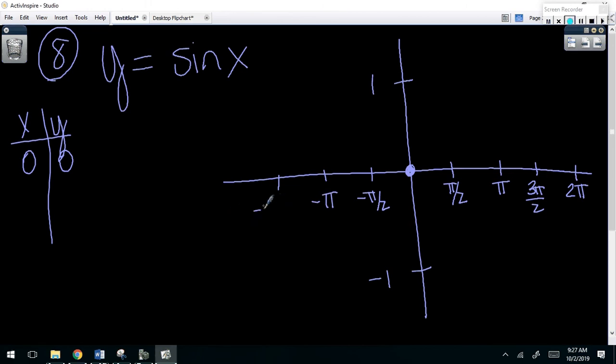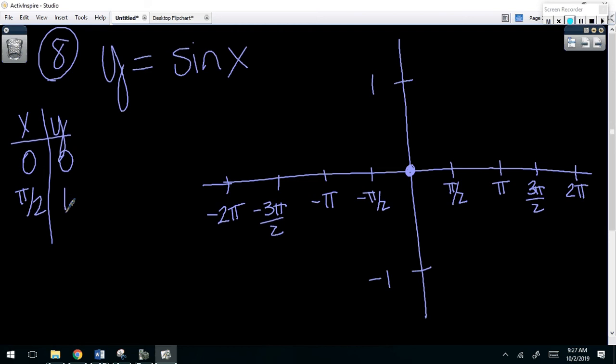And the nice thing about trig functions is they are very repetitive. Once you get them going, they continue with the same pattern, okay? So I start at 0, 0. At pi over 2, the sine of pi over 2 is 1.